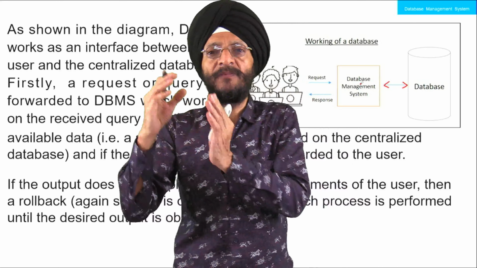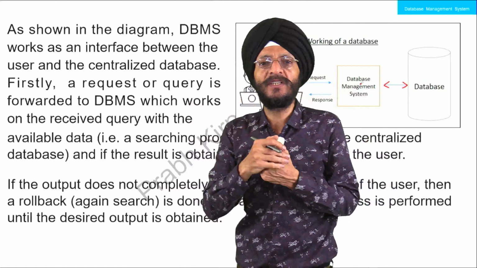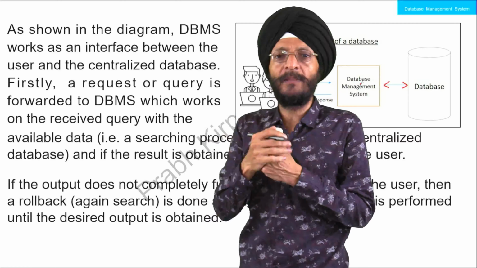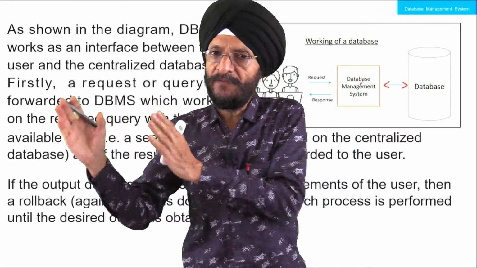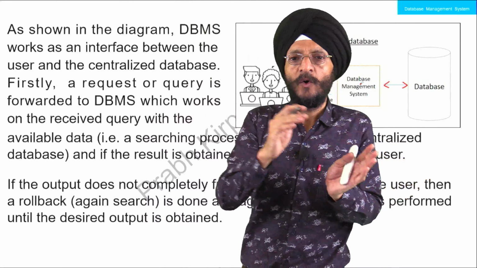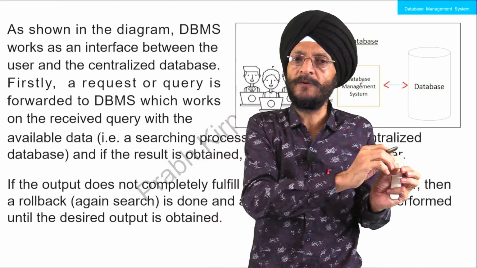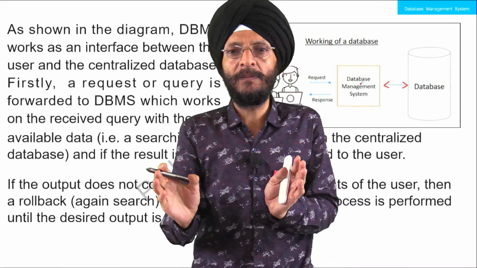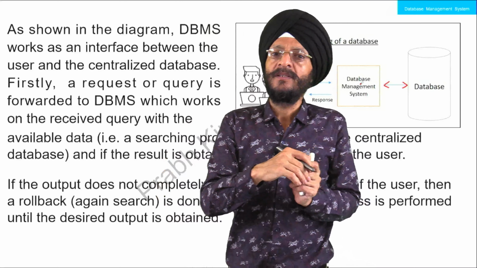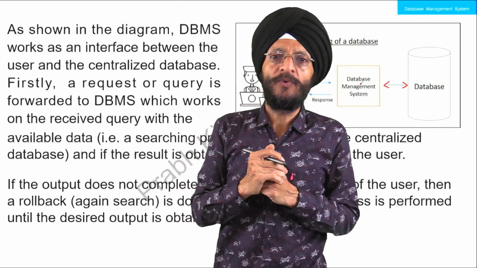Database management system finds out whether the particular information which the user is trying to search is available or not. If the information is available, it provides the necessary information to the user, and if the information is not available, then again search may be done.